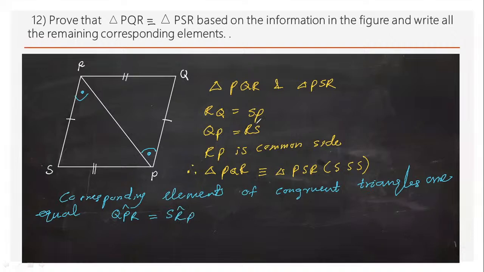What is the other angle? This side opposite, this and this. These two angles. Then we can take RSP equal RQP. Then what is this angle and this angle remaining? QRP equals SPR.